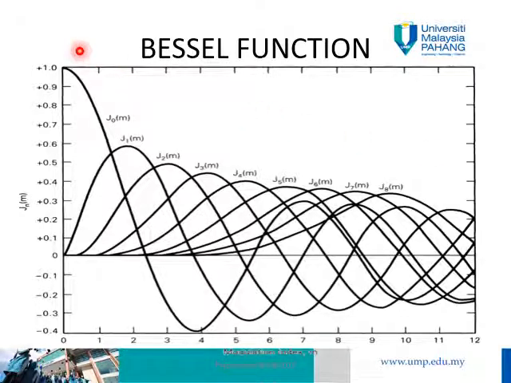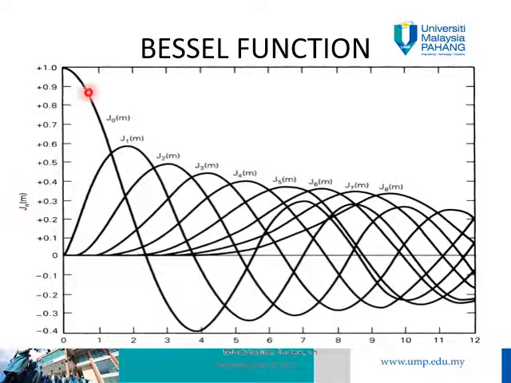What is important from that is this chart, this graph, where we have the value of modulation index here from 0 to, let's say, 10 or 12, and the relative value of Jn.